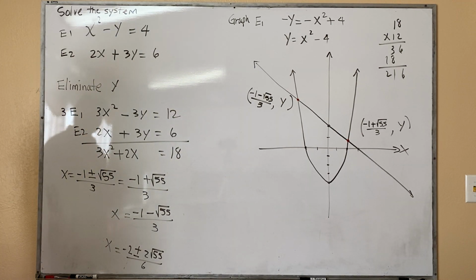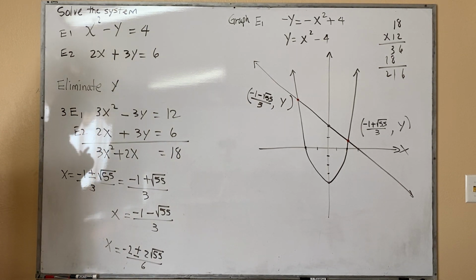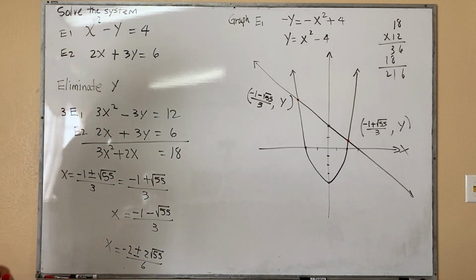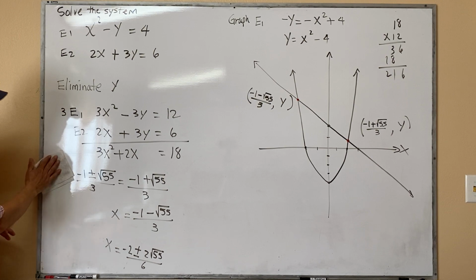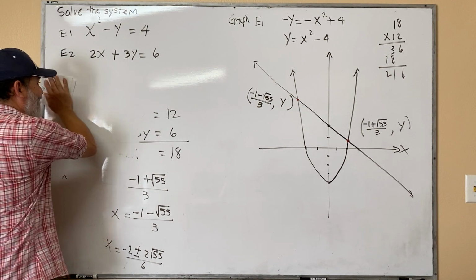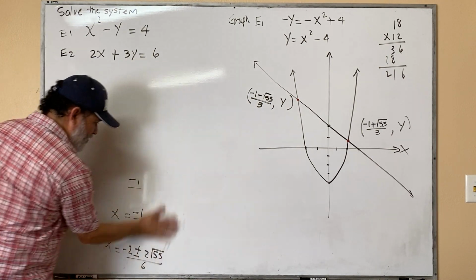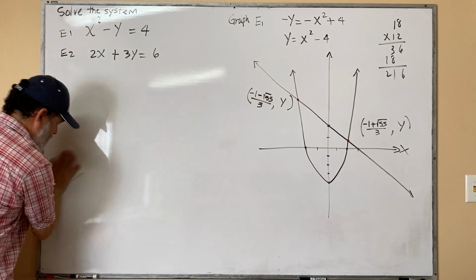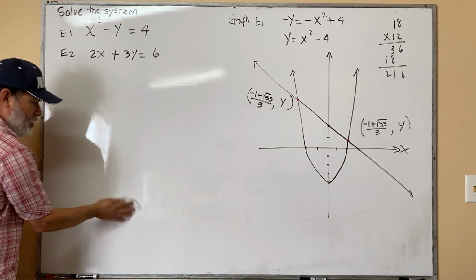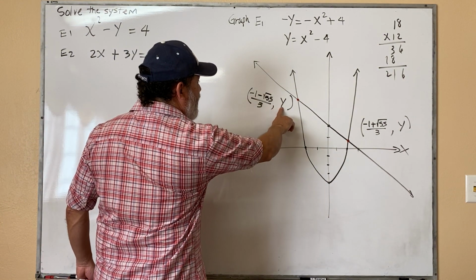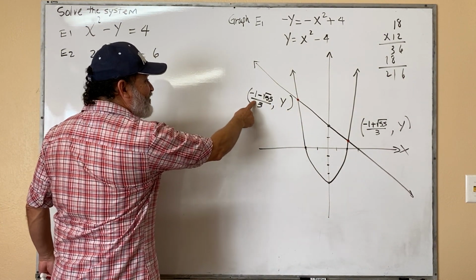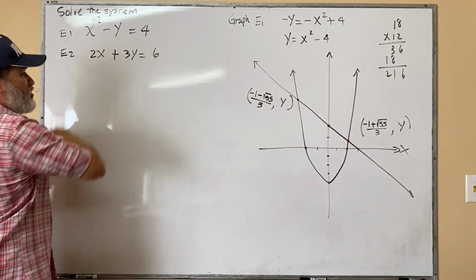Oh boy. How do I find the y values? Let me show you how to find the y value. To find this y value, you gotta plug this x value into one of the equations.